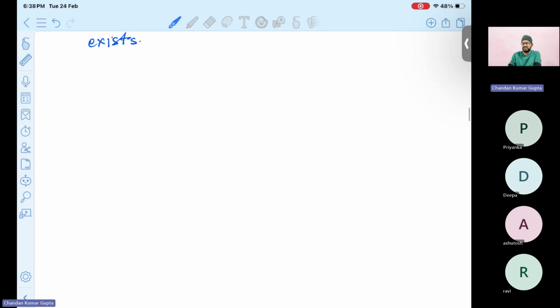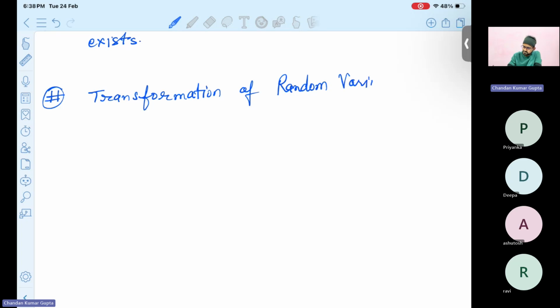And we have one more thing to discuss, that is transformation of random variables. This topic is discussed next week, but there are one or two questions related to it.